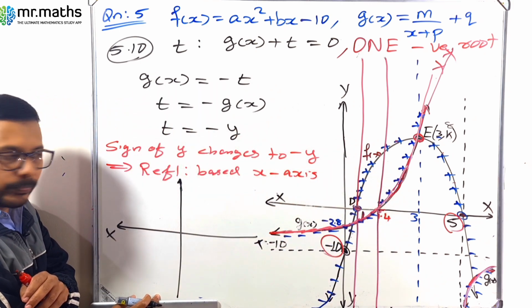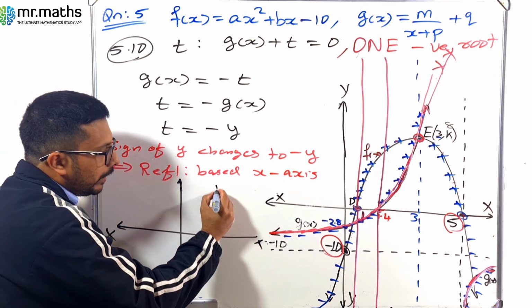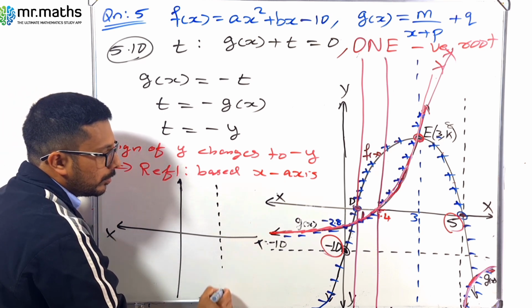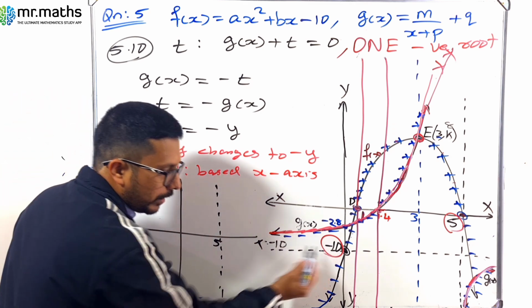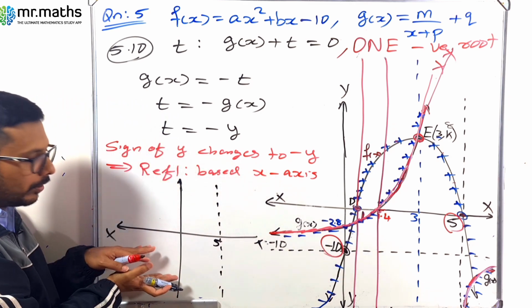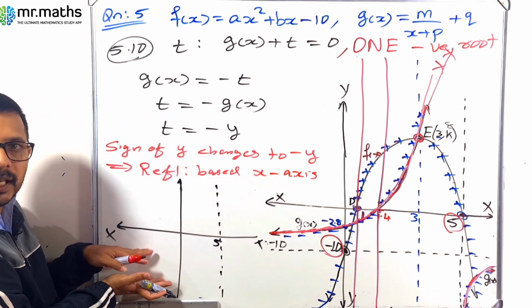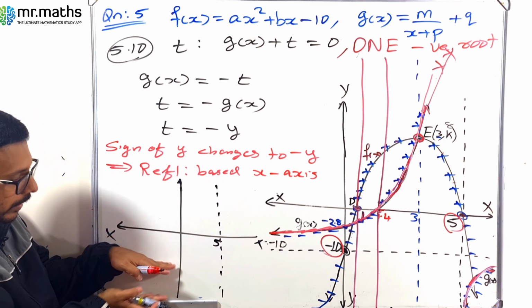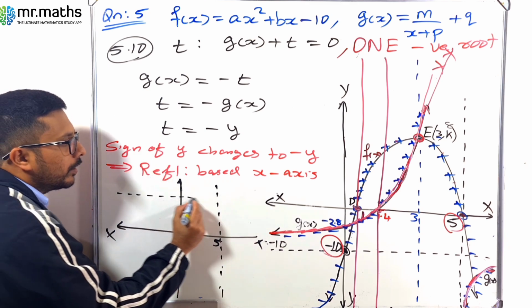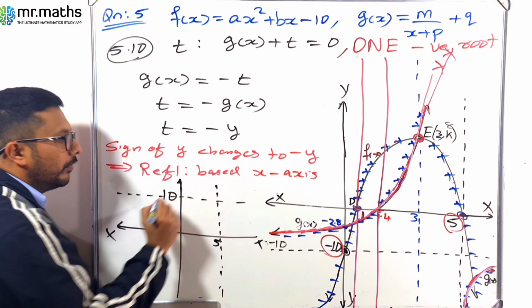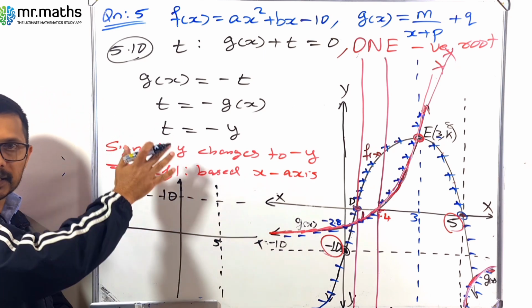There will not be any change in this vertical asymptote, which is the same as 5. But this horizontal asymptote minus 10, when it is reflecting based on the x-axis, will go here as positive 10.